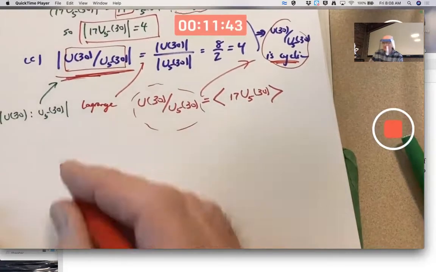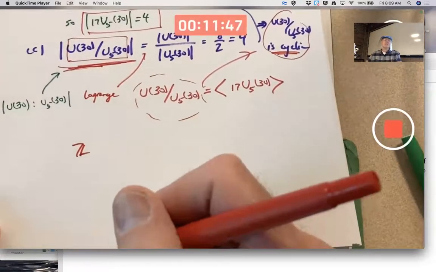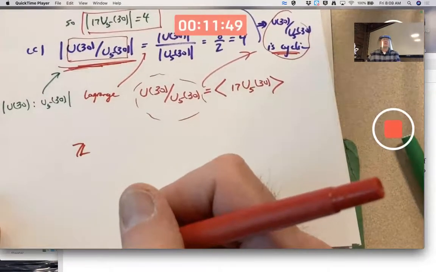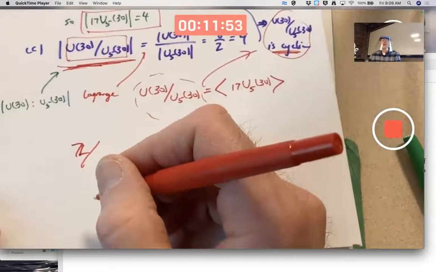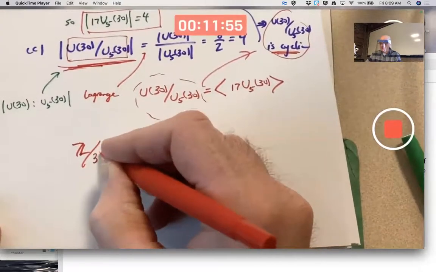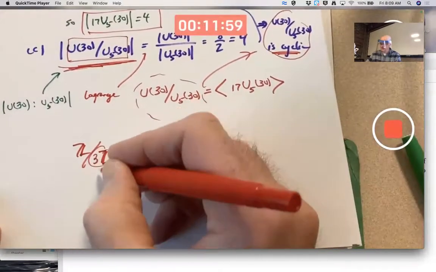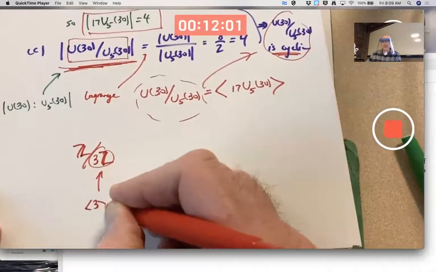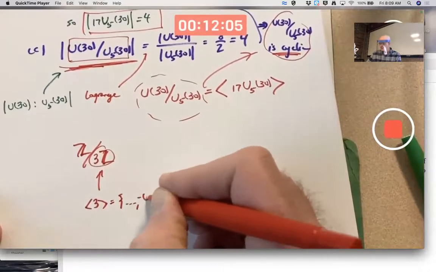A prominent example is take Z, our standard infinite cyclic group, and mod by a subgroup, say, 3Z, consisting of all multiples of 3. That's the same as the cyclic subgroup generated by 3.